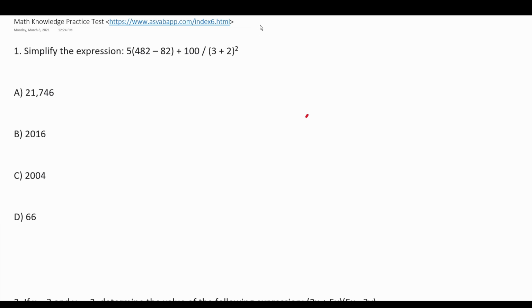In case you haven't seen those in a while, order of operations are best remembered by the acronym PEMDAS, and this stands for parentheses, exponents, multiplication, division, addition, and subtraction. What's more, this tells you the order in which you simplify expressions like this.